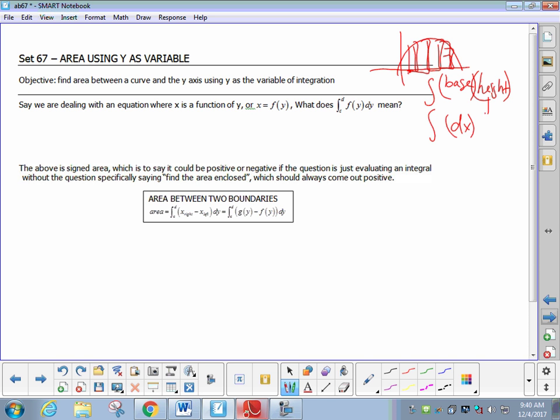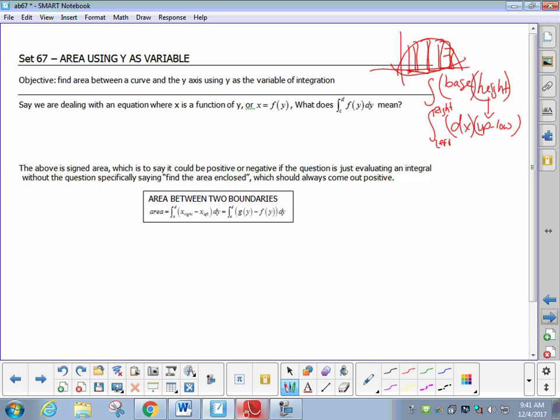And the heights can be made positive by taking upper minus lower. Now that might mean curve minus curve, f of x minus g of x. It might be 0 minus the curve if it's below the axis or something. Upper minus lower makes all positive. And you go left to right on the bounds, which makes dx positive.